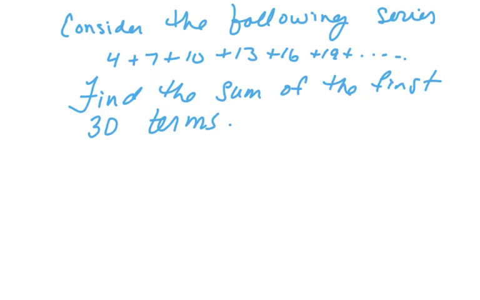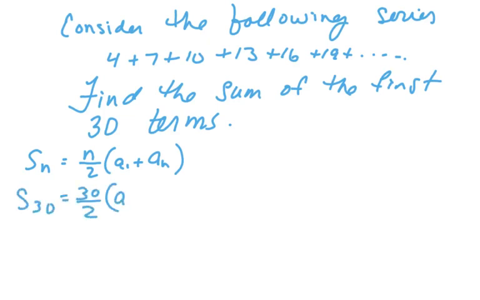So our series formula, going back to the beginning of the lesson and talking about Gauss, we know as S sub n equals n divided by 2 times a sub 1 plus a sub n. So we know what we're looking for, S sub 30. And we know that a sub 1 is 4. What we don't know is what a sub 30 is.